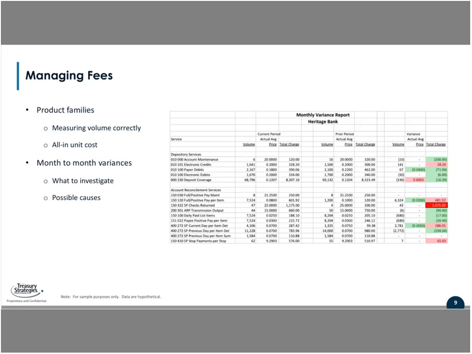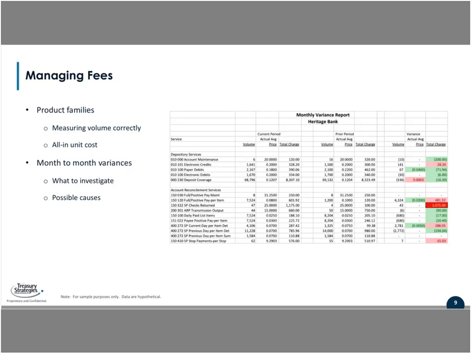So if you look at the report, you can see we're showing two product families here at Heritage Bank, depository services and account reconcilement services. Those would be at the product family level, and then at the detailed line item level, and this is all the stuff that you get on your hundreds of pages of account analyses, you get to see the detail, and a couple of things will jump out. Our clients will learn, for example, that the last line item under deposit services is the deposit coverage charge.